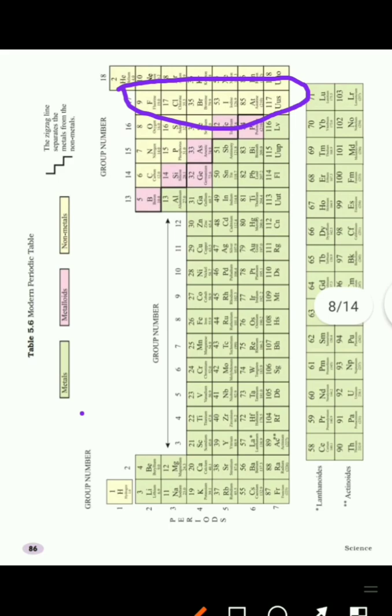electrons 2, group 13 have 3 valence electrons, valency 3, group 14 has 4 valence electrons, valency 4, group 15 has valency 3 and valence electrons 5, because from group 15 non-metals are there and we know non-metals have 5, 6, 7 electrons in their valence shell.